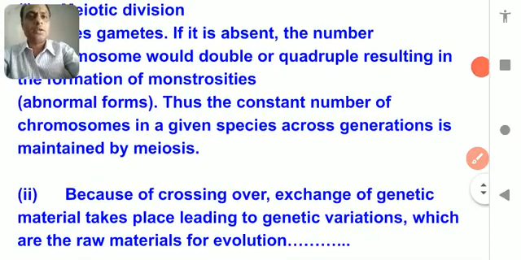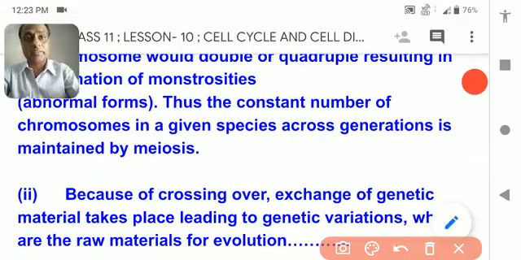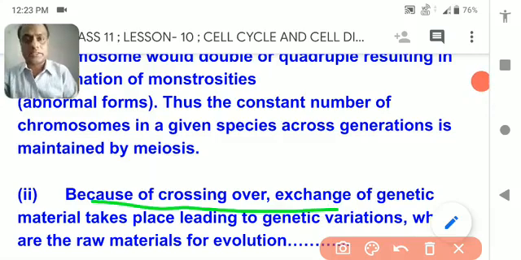Second, because of crossing over, it is very important. We see different kinds of variation among different organisms. Not only different organisms, but even in the same organism, the two children of the same mother have so many variations.